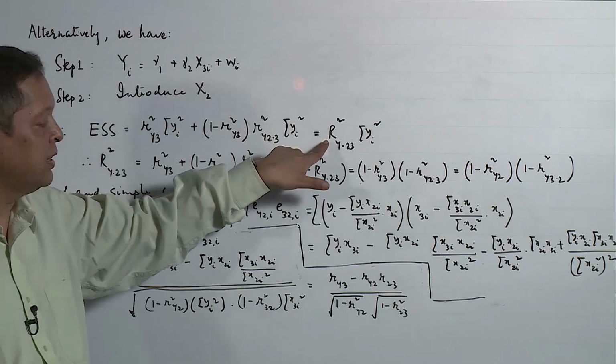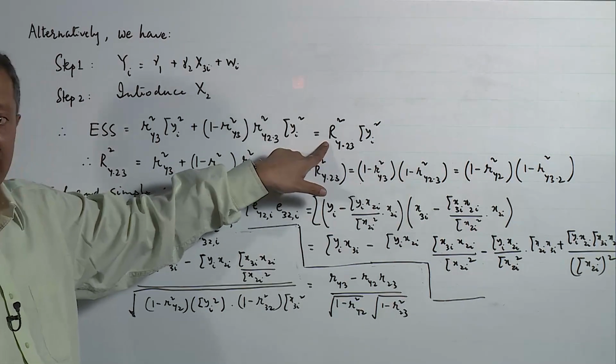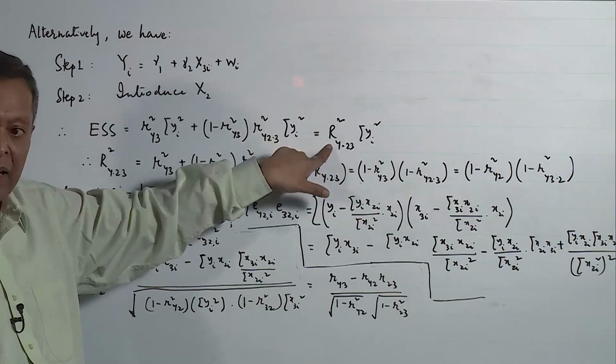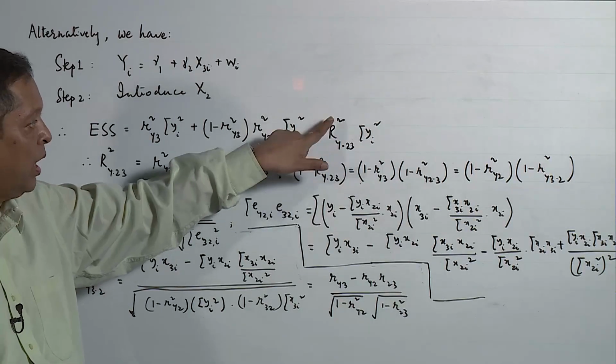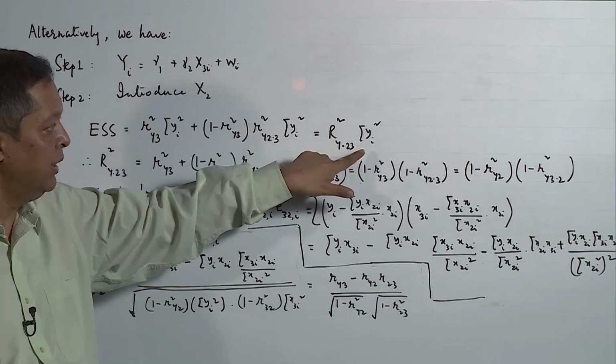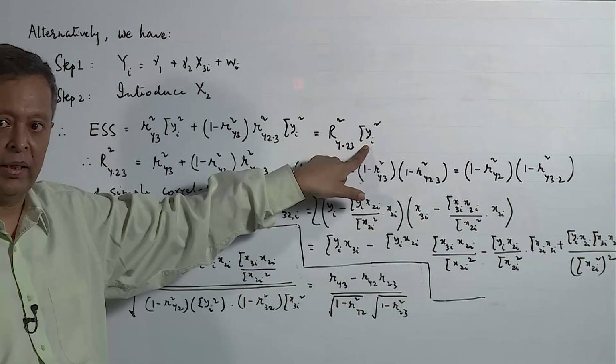That gives us the whole explained sum of squares, that is, the multiple correlation square r square y dot 2 3 times summation yi square.